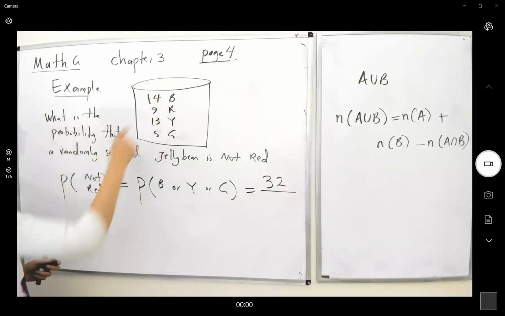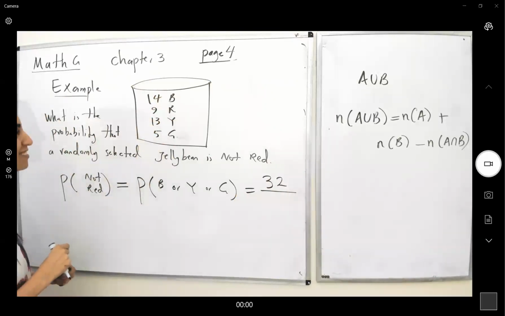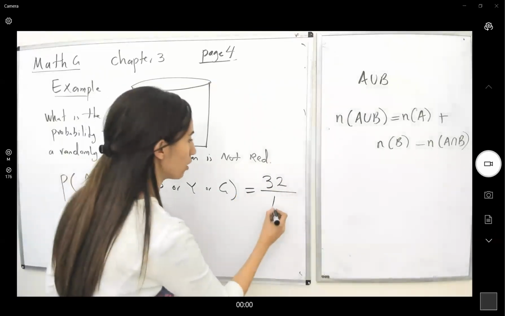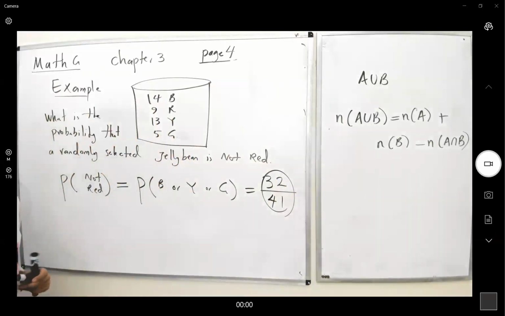If you add together, you get 23, 23 plus 13 is 36, and 5 more, you get 40. 33 out of 41.